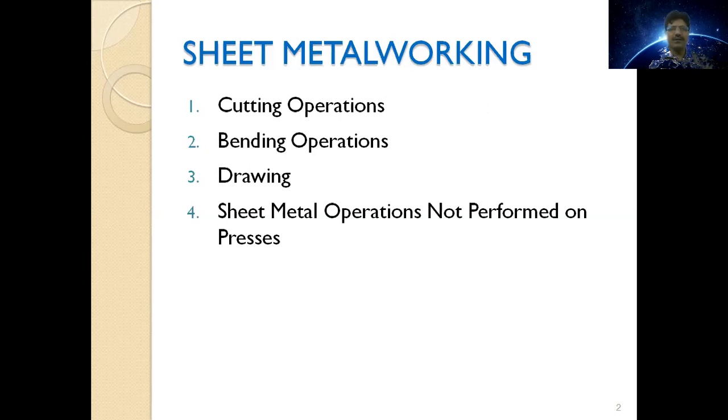After cutting, we apply bending operations to bend the sheet, and then there are drawing operations and other sheet metal operations that are performed by hand. So today we'll be discussing cutting, bending, drawing, and hand sheet metal operations that are not possible by power presses.